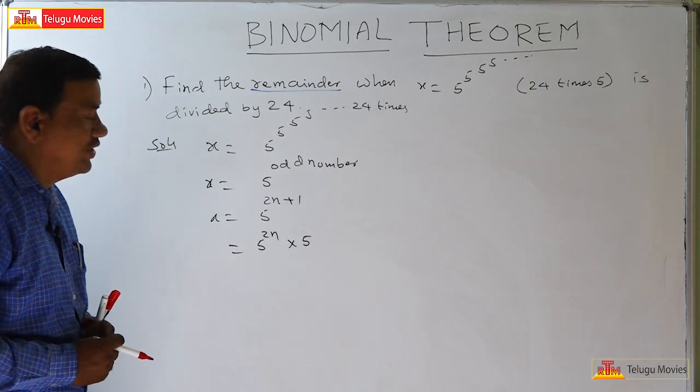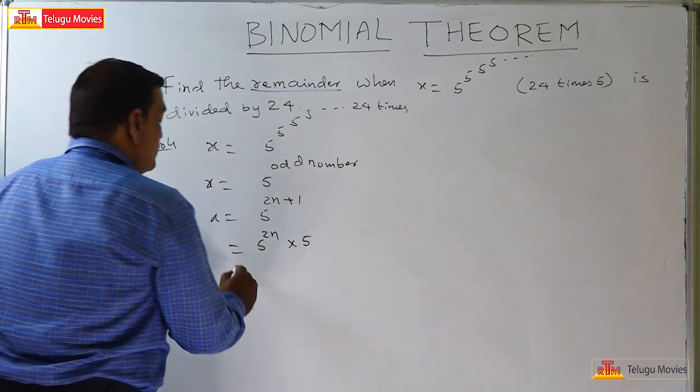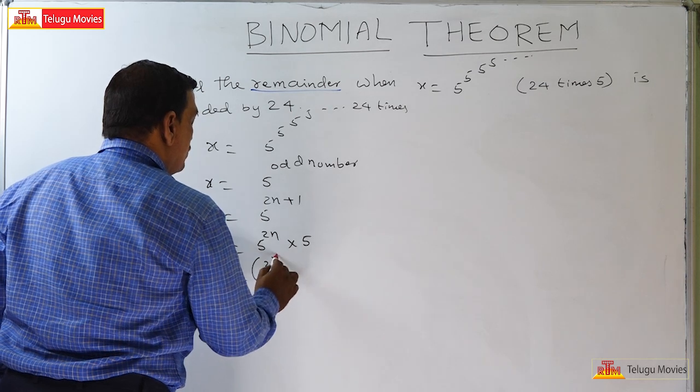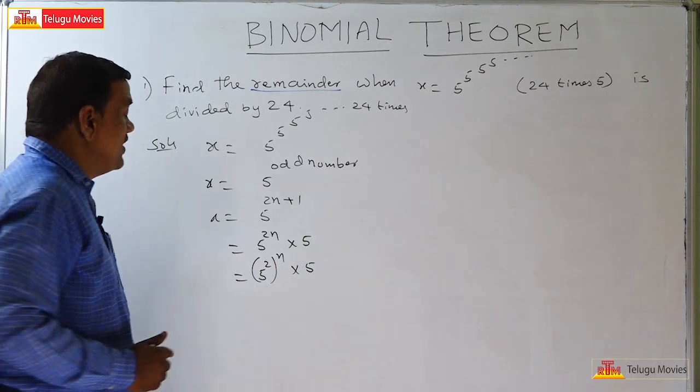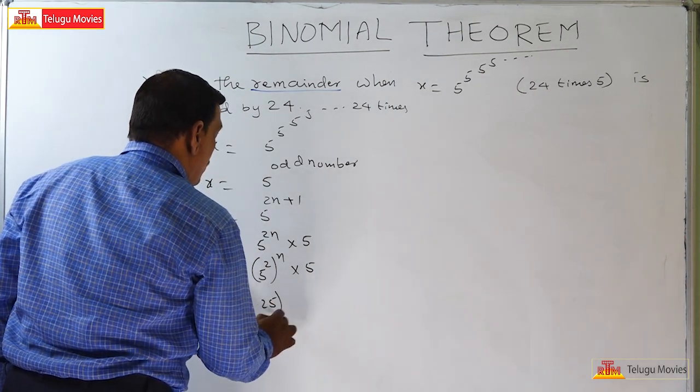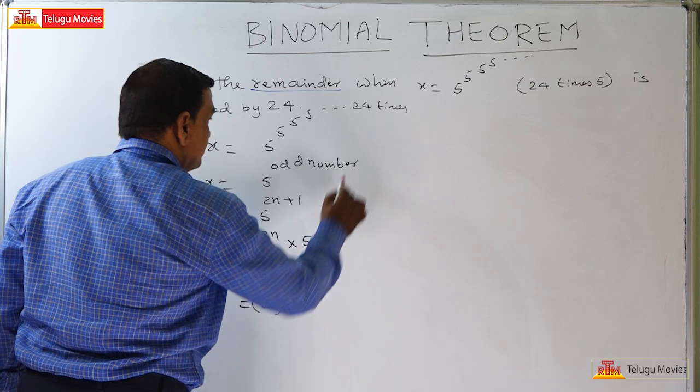Okay now, we can write down easily, this is equal to 5 square whole to the power of n into 5. Can I write it? Yes, I can write. 5 square is equal to 25, whole to the power of n, into 5.